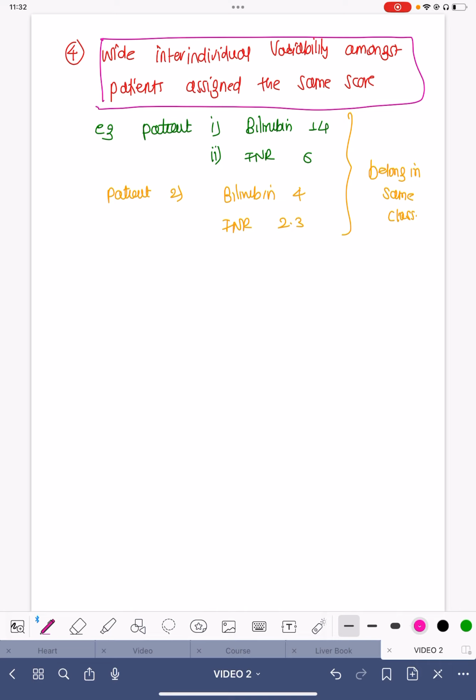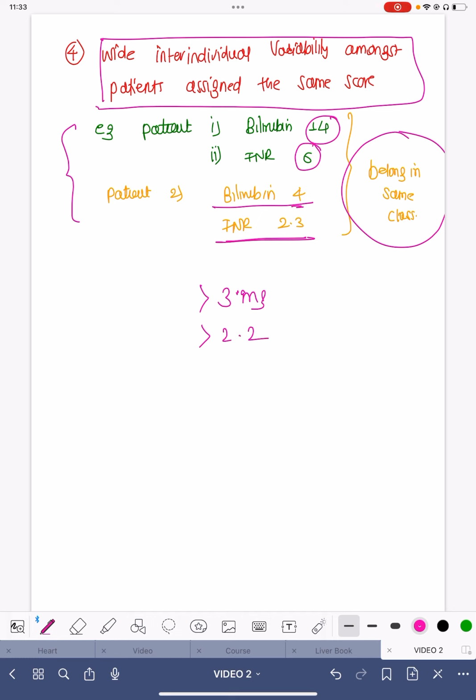group. For example, if a patient has bilirubin of 14 and INR of 6, and if some other patient has bilirubin of 4 and INR of 2.3, these patients will almost always be put in the same class because the bilirubin is more than 3 milligram and the INR is more than 2.2.